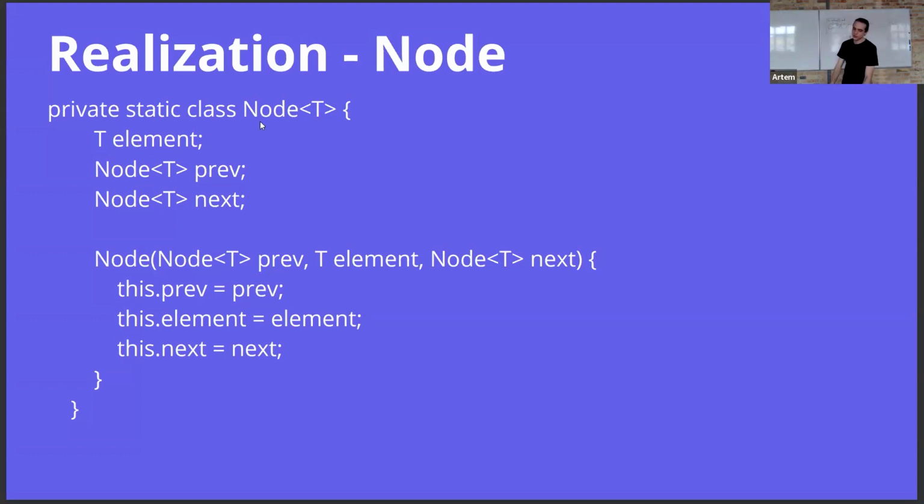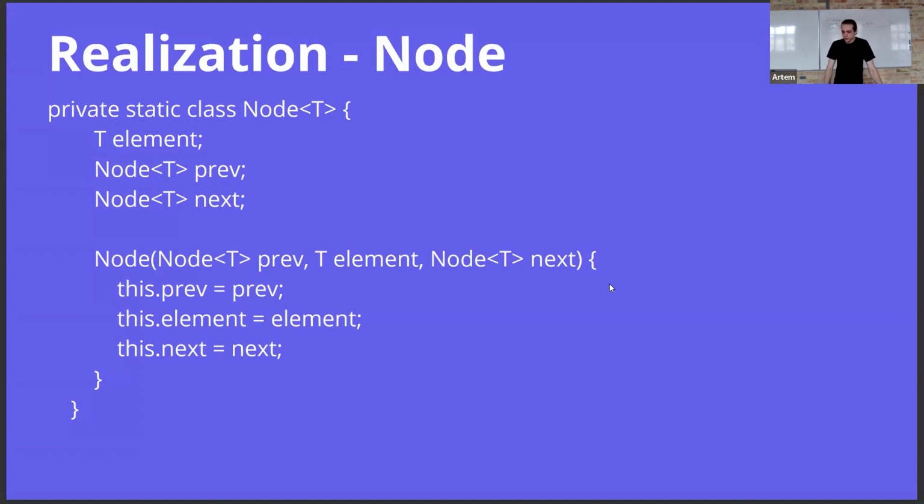Imagine that we created a node and we passed int inside the triangle brackets. We have the field element. Also, we have the field prev. We have the field next. We have a constructor where we set all those elements.